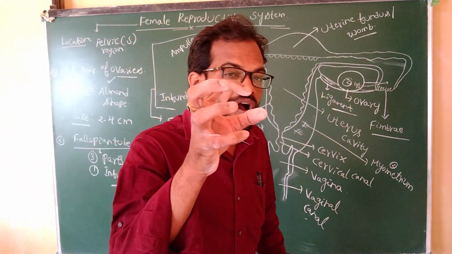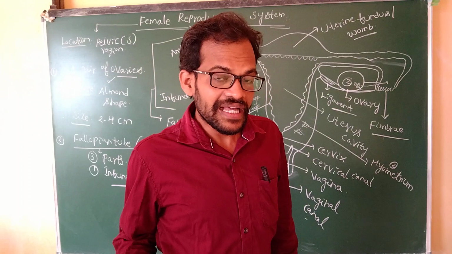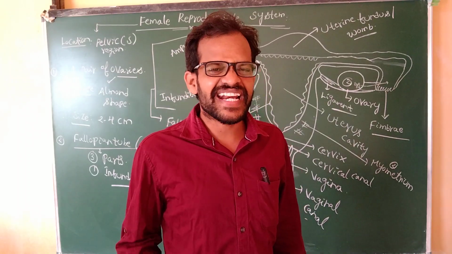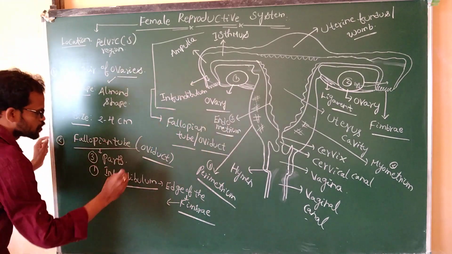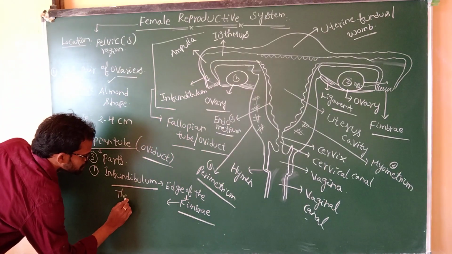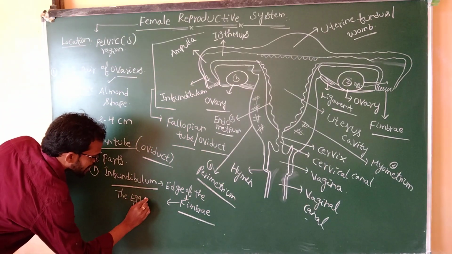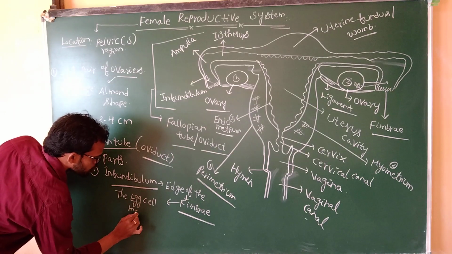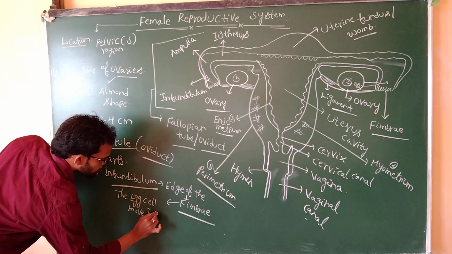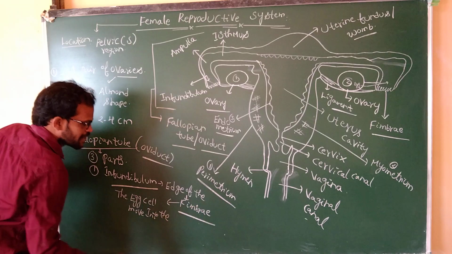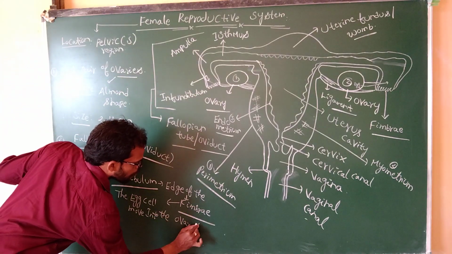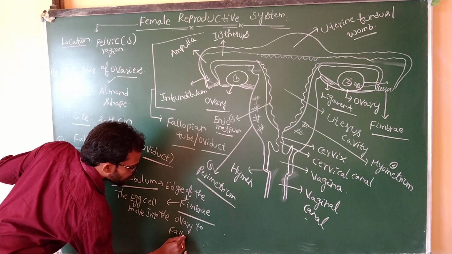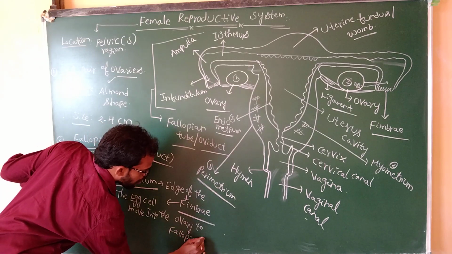The contraction of the fimbriae is helpful for the egg cell movement from the ovary into the fallopian tube.